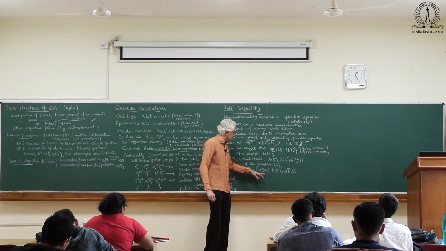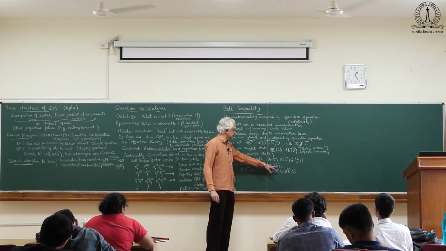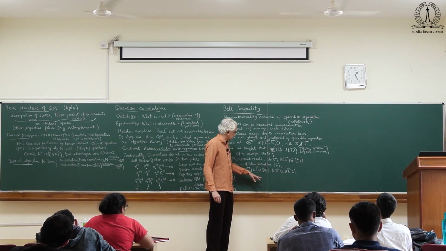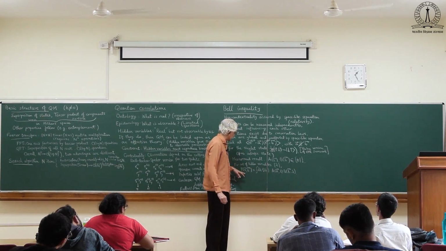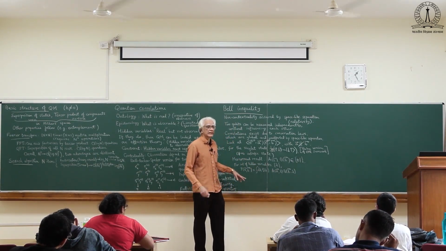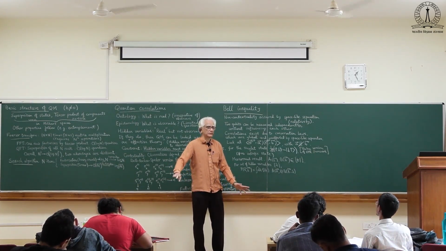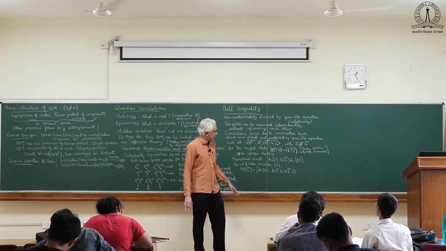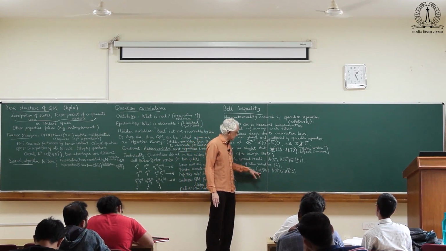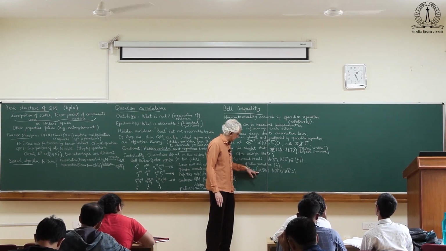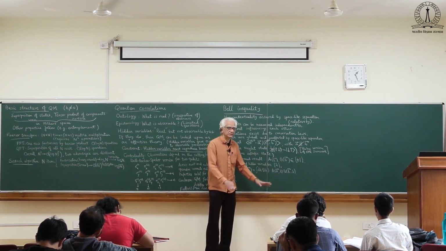All I can say is that there is some distribution of these hidden variables which will give me the expectation value. The expectation value is defined as the weighted average over some distribution. And the lambda is now the distribution measure, and this rho lambda is its weight.